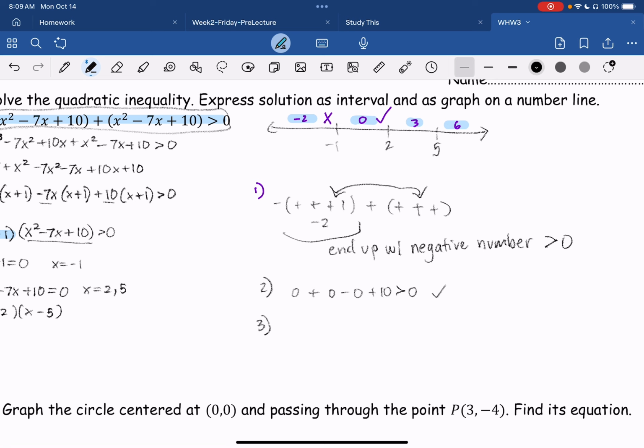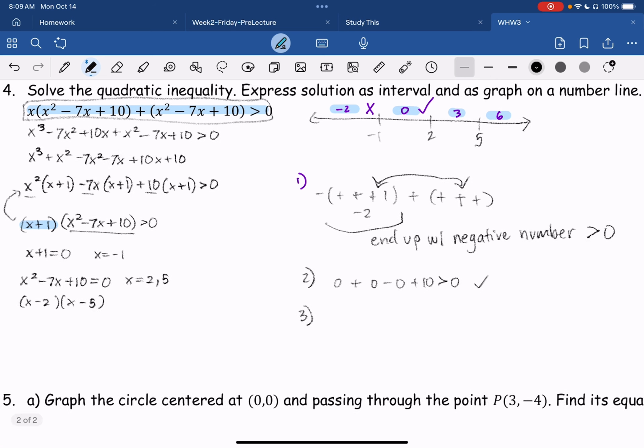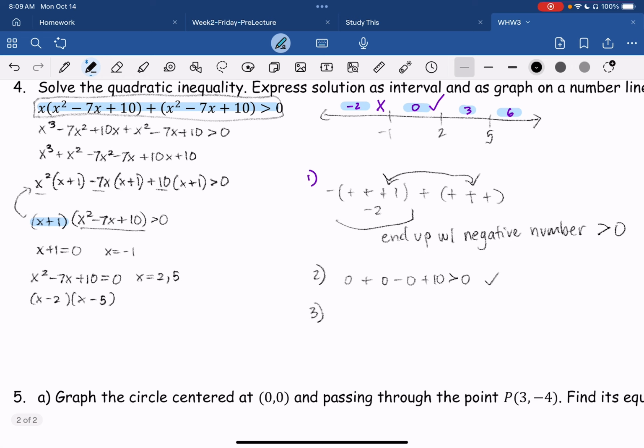Okay. Now, number 3, numbers between 2 and 5. I plug in 3. So I can do the same thing. This one might be harder, but it's okay. I write +3, and then I get a positive number minus a bigger negative, and that's important.